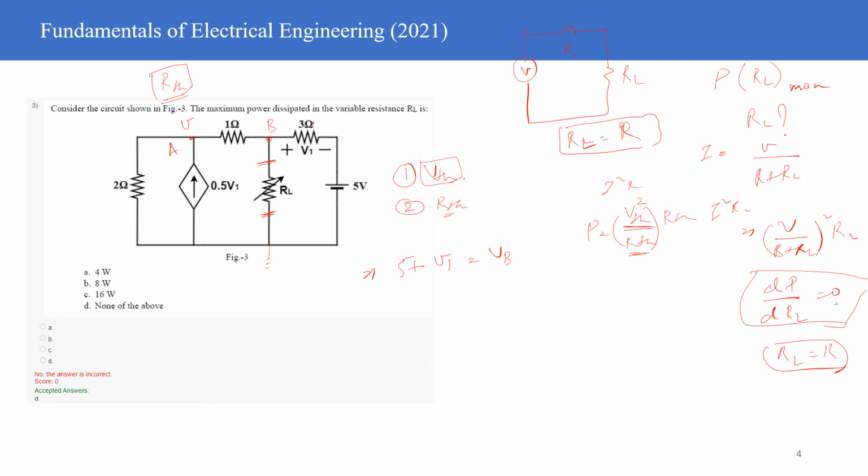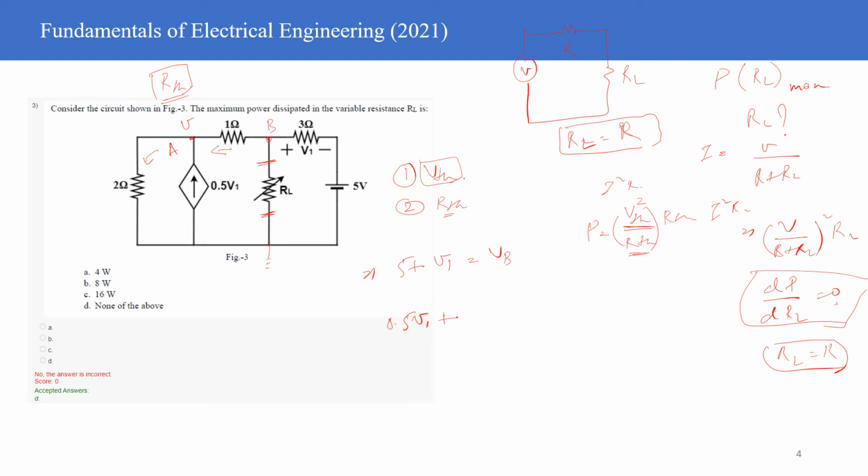Now let's write the KCL at node A. At node A, the KCL will be equal to 0.5 V1. The current flowing from this side plus the current flowing from this side is the current flowing here, right? So you are saying 0.5 V1, right? Go ahead.